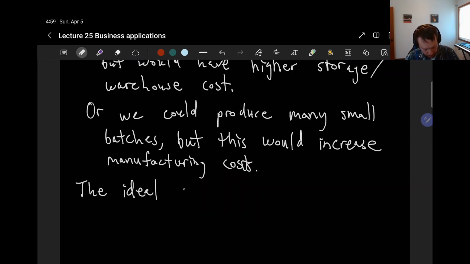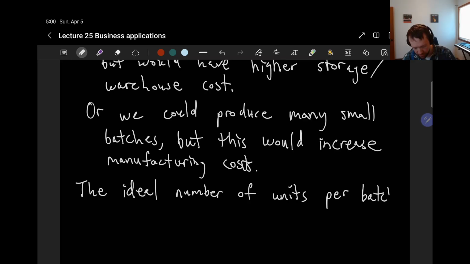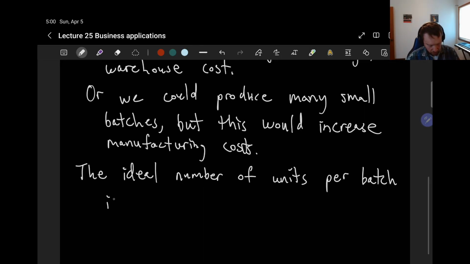So the ideal number of units per batch. For example, how many cases of the product do I make with each batch? That's the question we're addressing here. And we call this Q, which is the economic lot size.